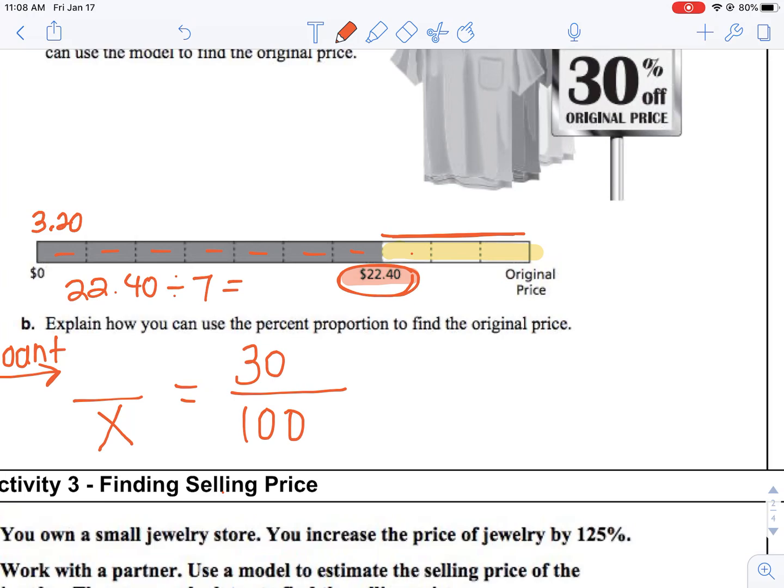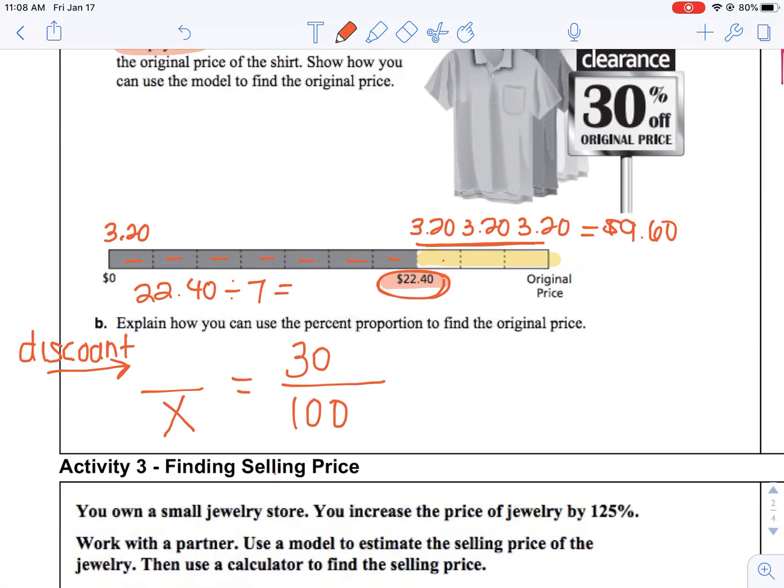So if each space is $3.20, that means down here, each of these spaces are $3.20. And if we add those $3.20 up, we get $9.60, which represents that yellow area. So the discount was $9.60. And now that's going to help me go back to this X value and find the original price by cross multiplying and dividing.